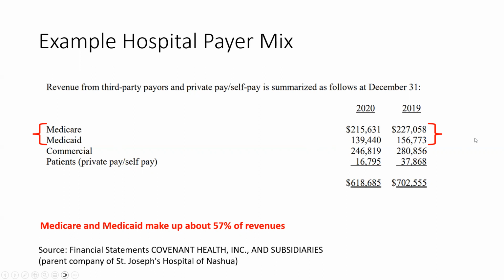So what this graph is showing you is the amount of money they make. In 2020 they had $618 million in revenues, and of that, 215 million came from Medicare and 139 came from Medicaid. So they are heavily reliant on the revenues from the federal government.